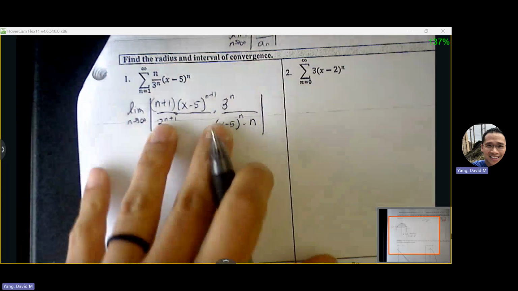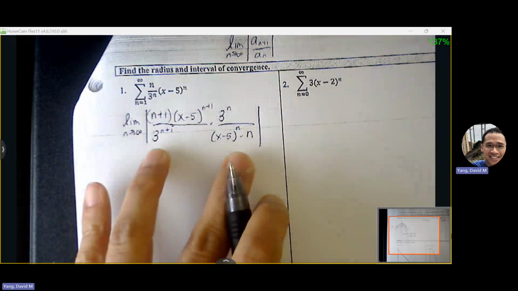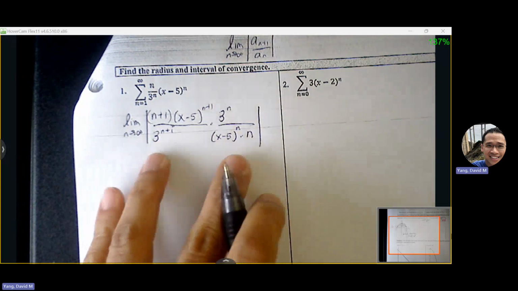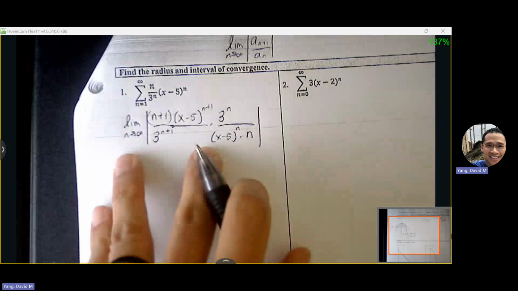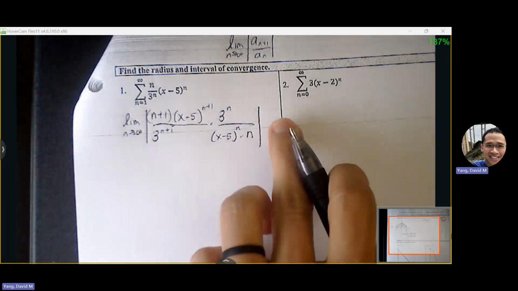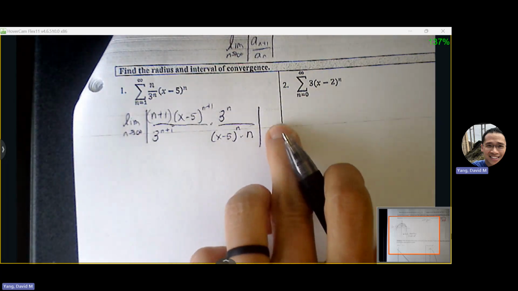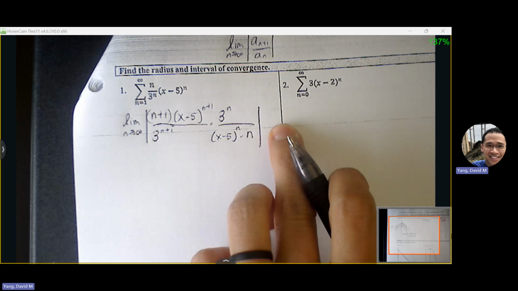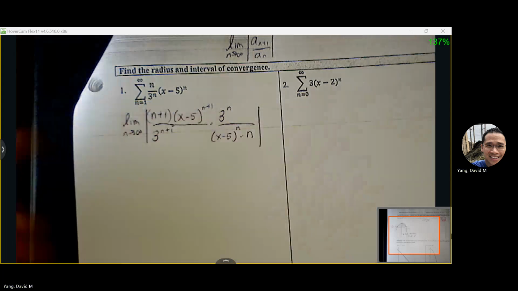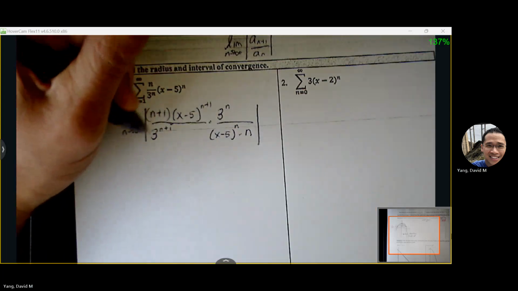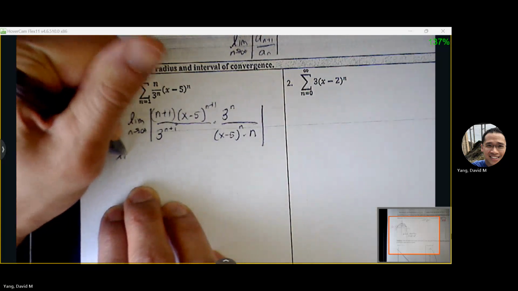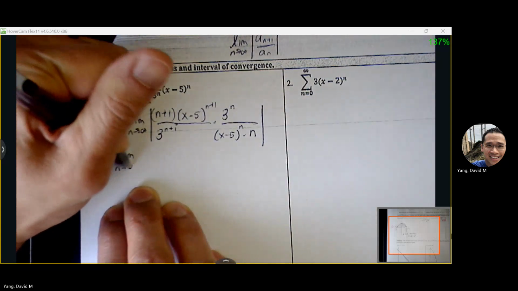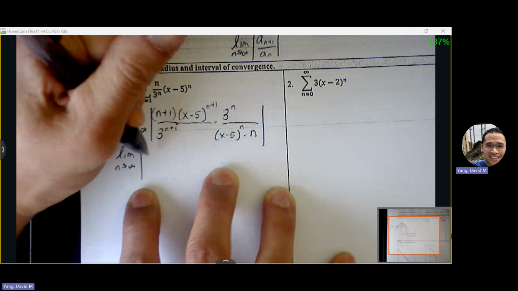And let's just see if there are any x's left over. If there are x's left over, then we'll find the limit and see whether it is equal to 1, less than 1, or greater than 1. Let me rearrange it so I can get all the n's together.